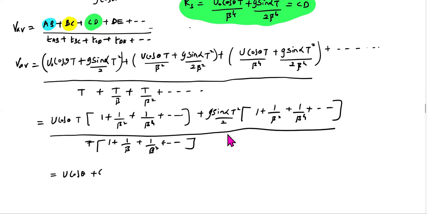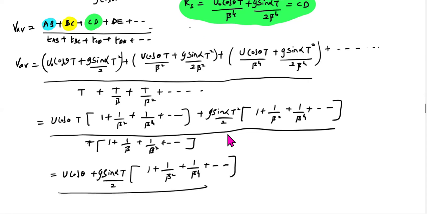U cos theta, one plus beta square and so on, divided by 1 plus 1 by beta.